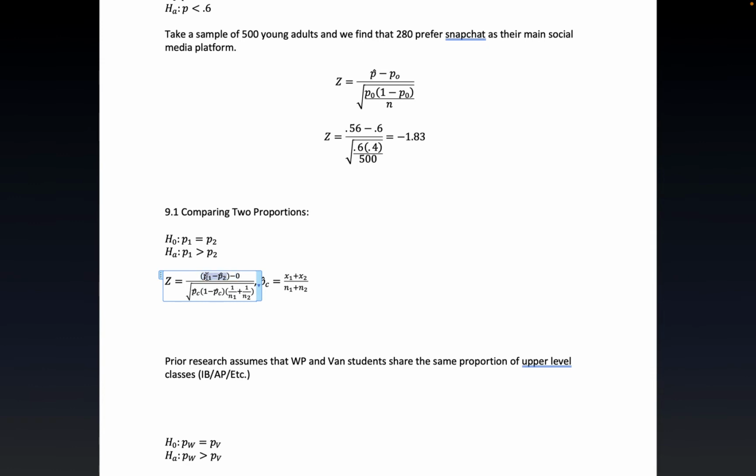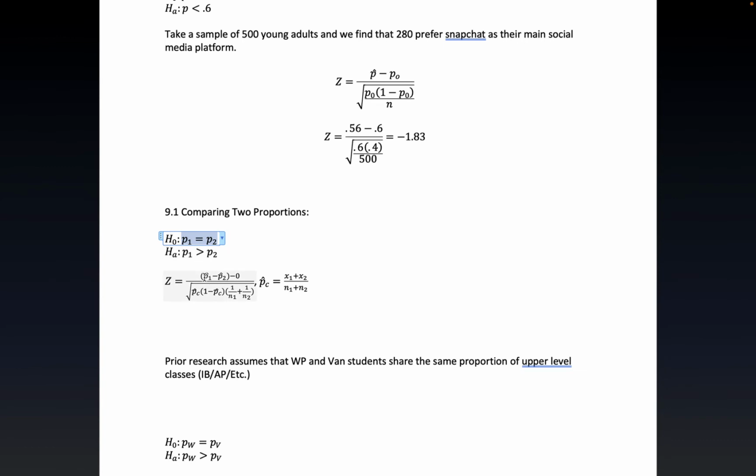After you do your initial comparison of what you found in your samples, subtract that from or compare that to 0. Now this 0 is in place of the null proportion, or in other words, what the null hypothesis says. And why that 0 makes sense here is because we assumed, where the null says, that those two proportions should be equal.